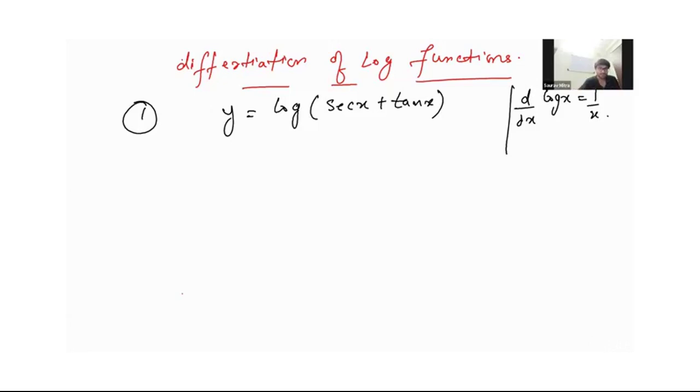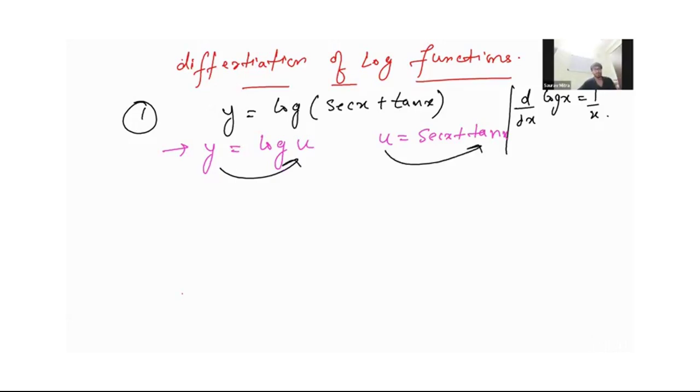Again we will start with the chain rule, what we have learned recently. So y is equal to log u, where u is equal to sec x plus tan x. Clear? Now my function looks like y is equal to log u. So first step, I will differentiate y in terms of u, then u in terms of x, step by step.